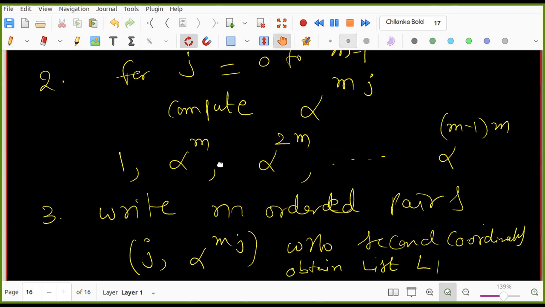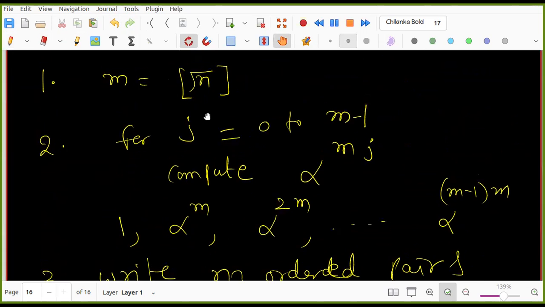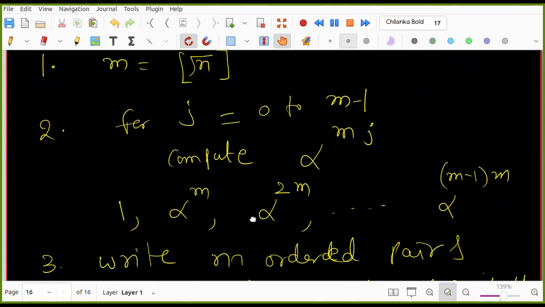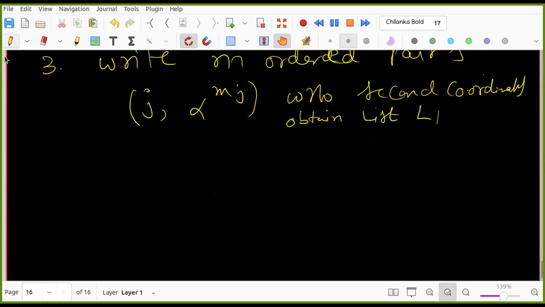So first we computed m as the square root of n, took j equal to 0 to m minus 1, computed these values, ordered them based on the second coordinates, and we call the final list L1.